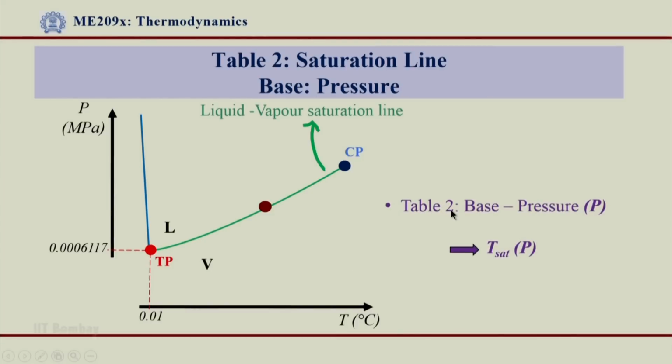So here now I say instead of temperature the pressure is a base. So I will go in the opposite direction to what I have done earlier. I will locate the pressure. Now I have been given pressure as a given quantity. So I will locate the pressure, go horizontally, see the intersecting point with this system, and corresponding to that I will get now temperature.